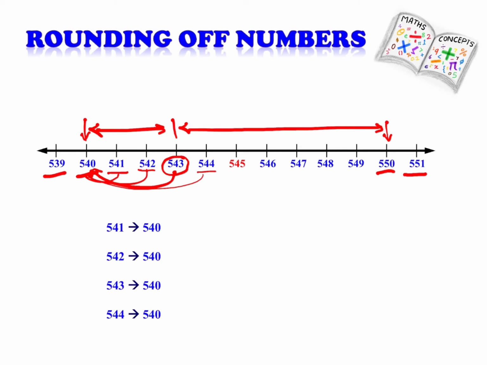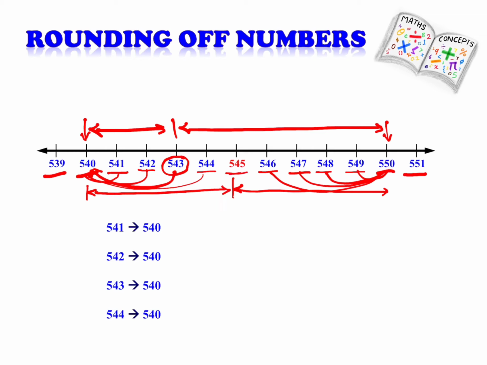Now on the other side, 546, 547, 548 and 549, these are closer to 550 than 540, right? So these will get rounded off to 550. Now what about 545? This is equidistant from 550 and 540, isn't it? In such a case, this middle number always gets rounded off to the next tens, that is 550.